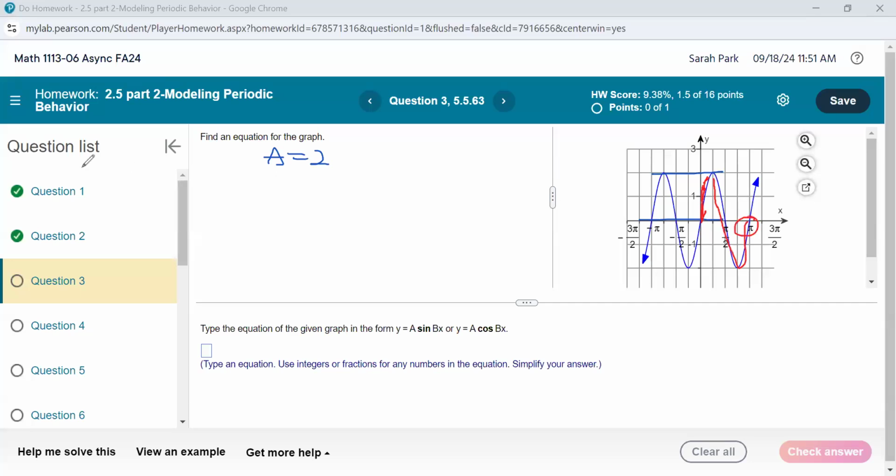So it's pi units long. That's your period. And so b is 2 pi divided by the period, which is 2. So we have now y is equal to 2 sine of 2x.